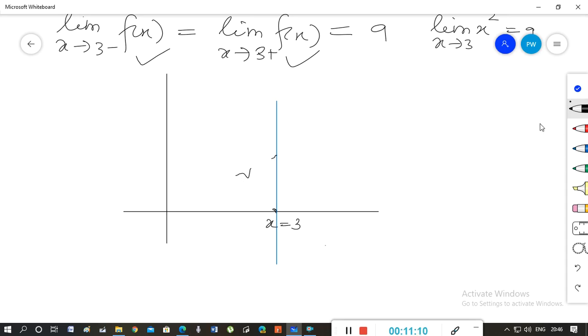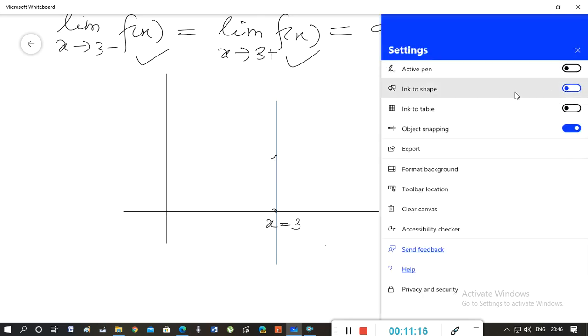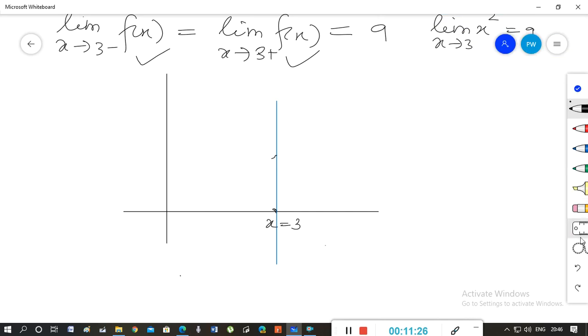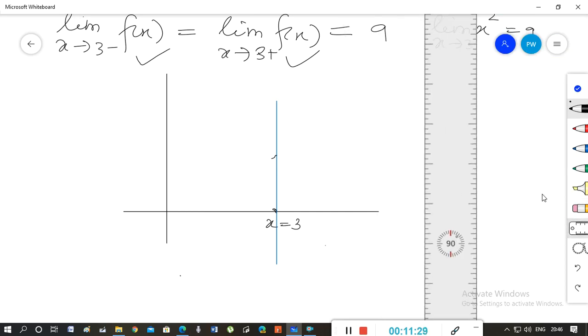Maybe some problem. If you want to draw a straight line, maybe you have some provision, a shape tool or something you can go for. And I can draw the straight line. Or maybe you can use a ruler. I can tilt it at a particular angle. Let's go for 45 degrees maybe.